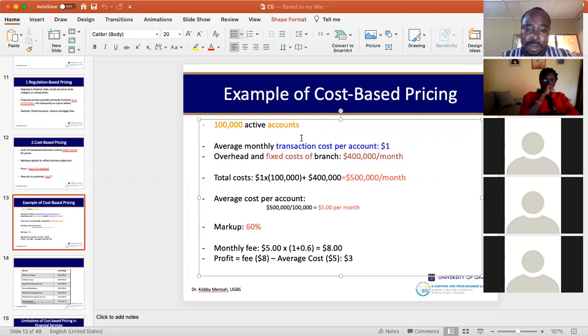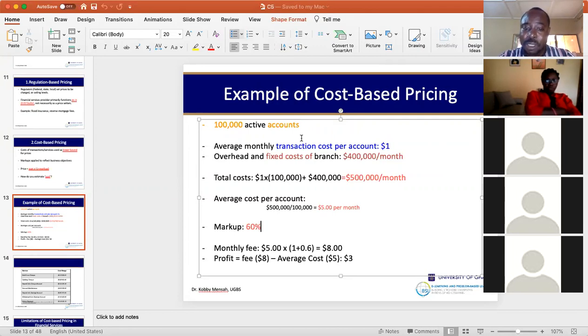Note that the transaction cost actually incurred includes the provisioning of a relationship manager, because the relationship manager's activity is geared towards the account holders. The relationship manager is also using a computer and certain systems.